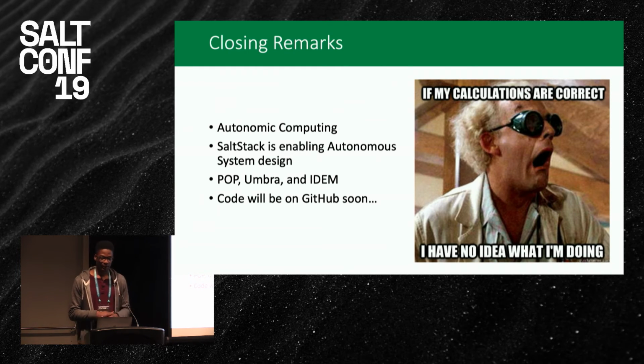I'm sorry about that. So in closing remarks, autonomic computing is a design methodology that bridges the gaps between both IT and security. When it comes to defensive automations, when it comes to securing networks, it's important to consider not only the user policies that IT members have to implement, but also the security of systems.